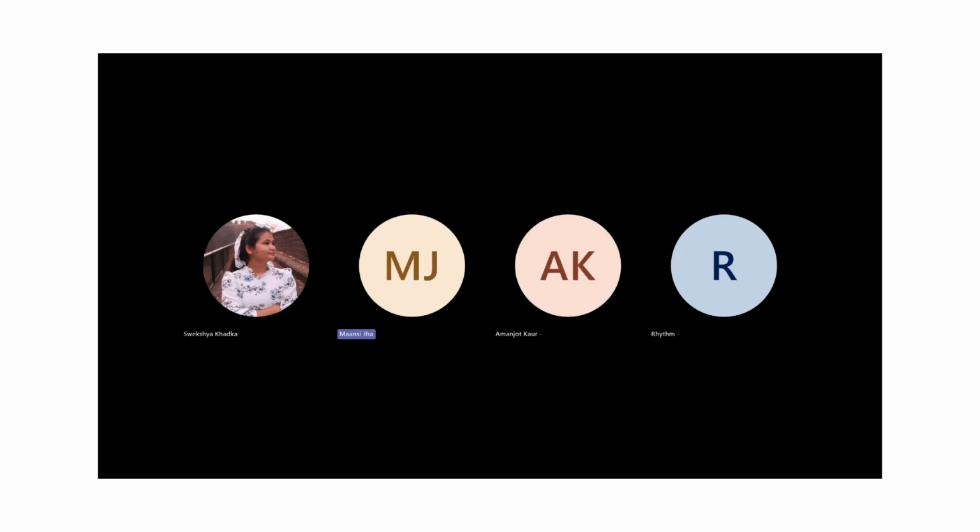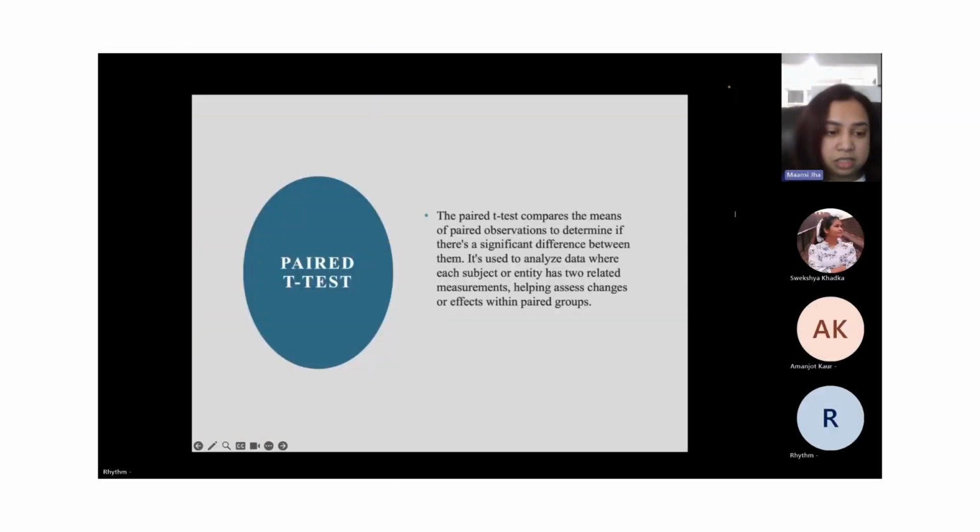The paired t-test is a statistical method designed to compare the means of two related groups or conditions, analyzing paired measurements or observations from the same subjects. It serves to determine whether there exists a significant difference between the paired values, aiding in understanding the impact of interventions, treatments, or changes within a study.